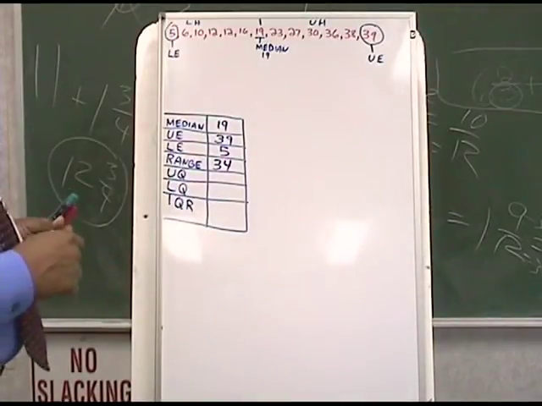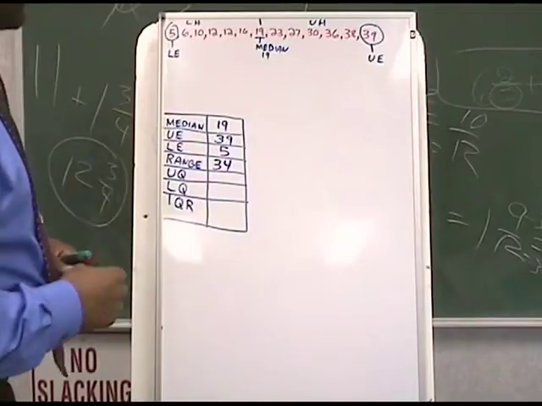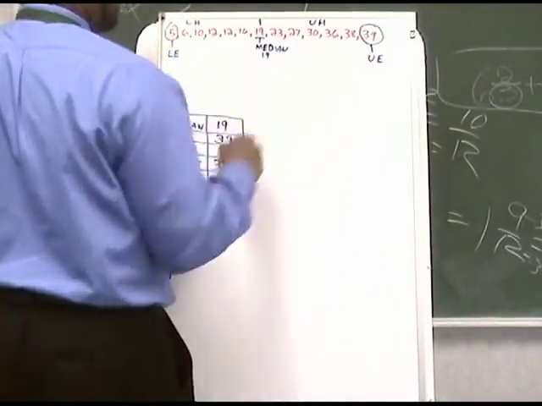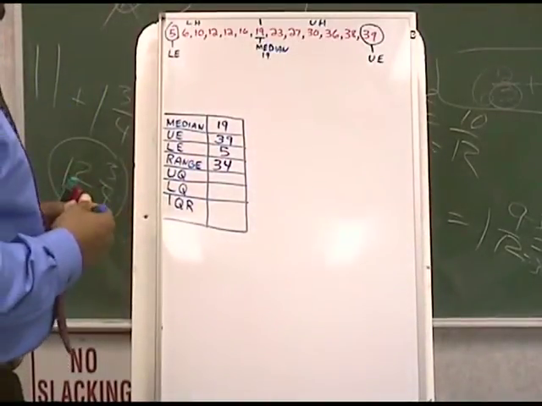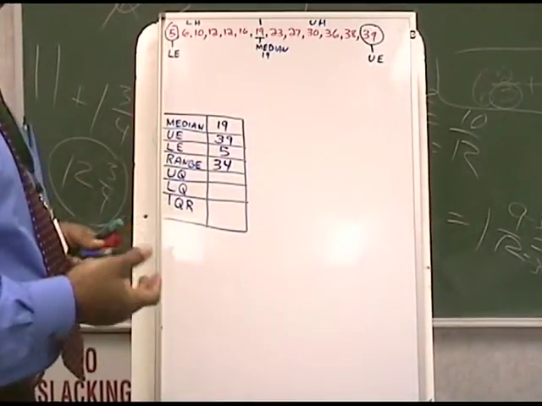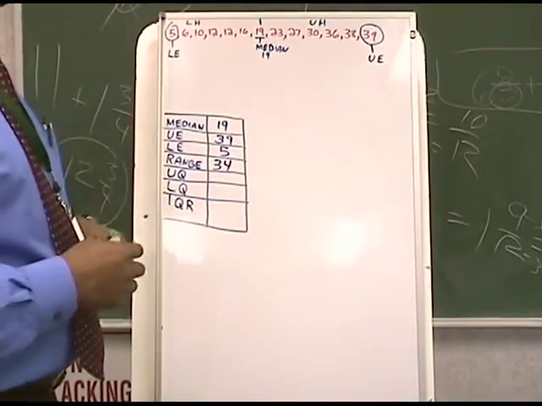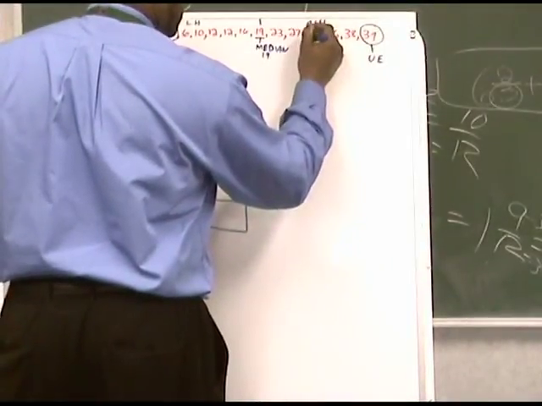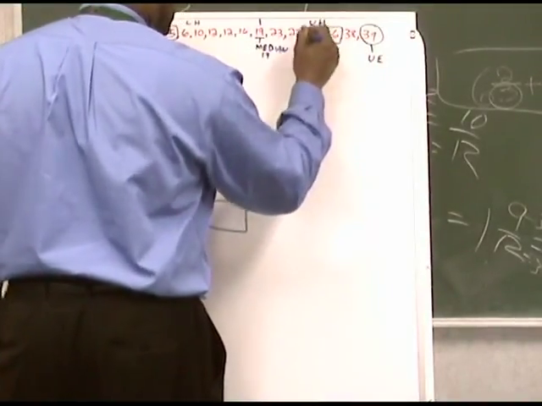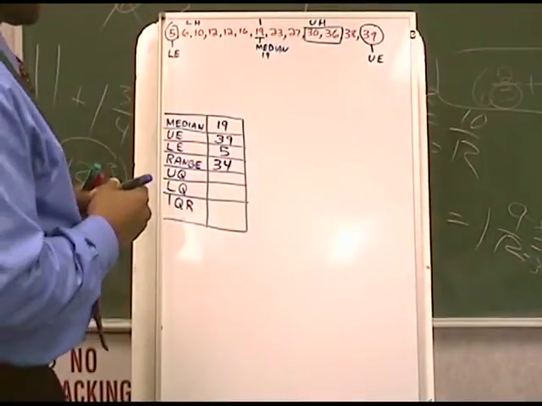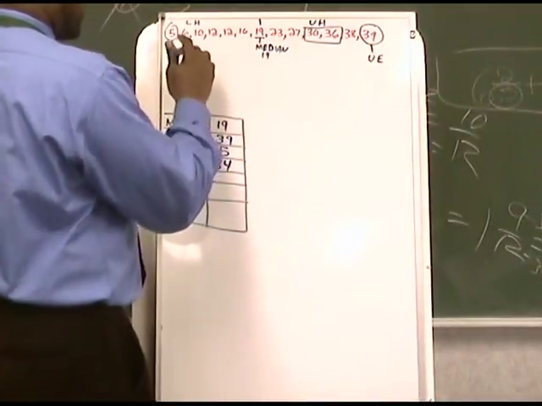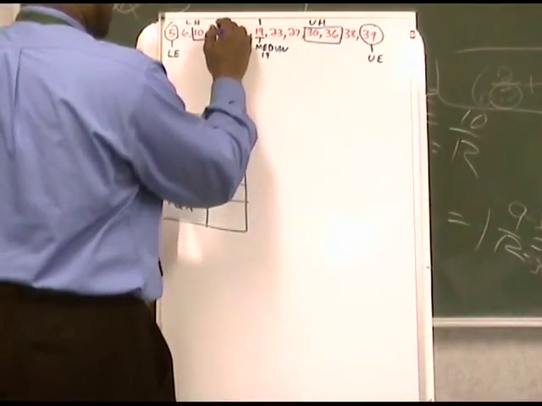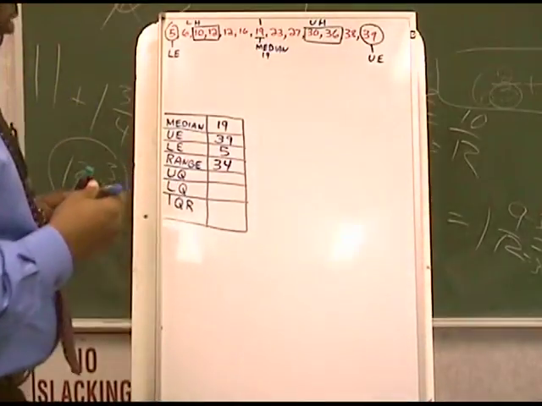In the upper half, you have 1, 2, 3, 4, 5, 6 numbers. When you have 6 numbers, you have 3 on one side and 3 on the other side, so you have to find the average of those 2 middle numbers. It's the same in the lower half, 3 on the left and 3 on the right.